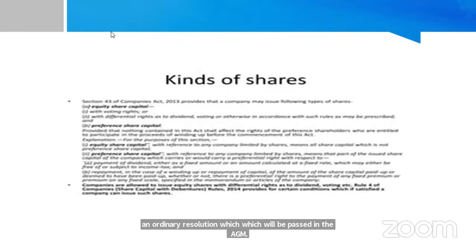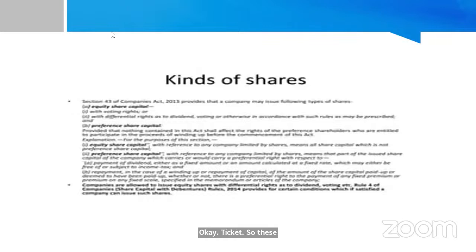So point number 1 is it has to be authorized by your Articles of Association. And point number 2 is, if you want to issue equity shares with differential rights, it has to also be authorized by an ordinary resolution passed at the AGM.